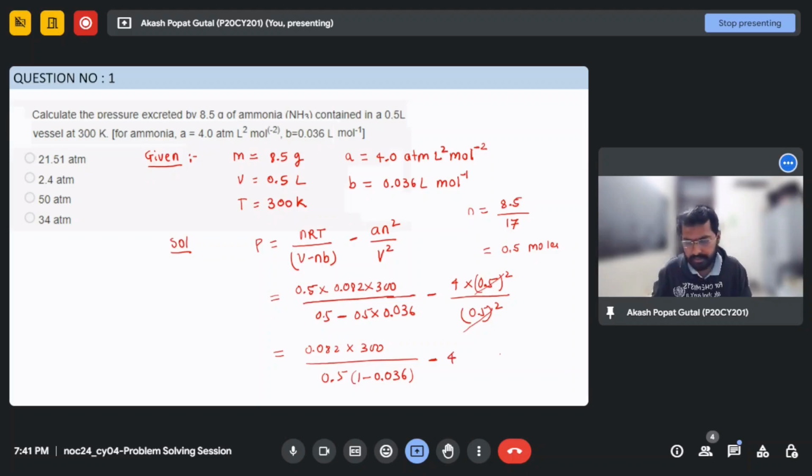If you calculate this part, then you will find it is 21.5180.